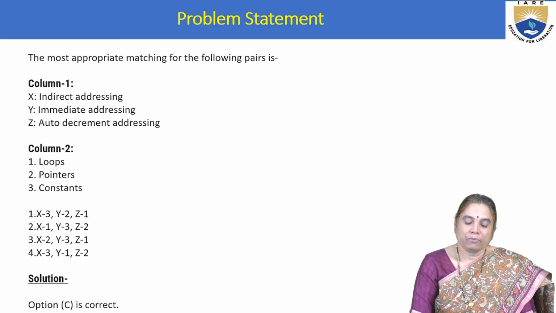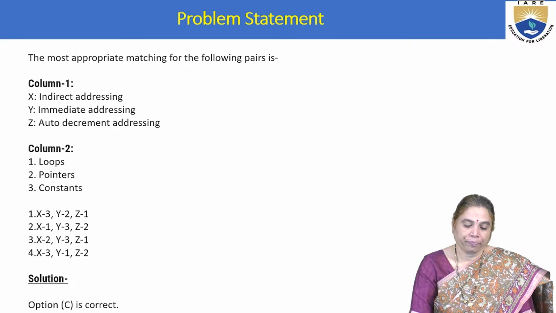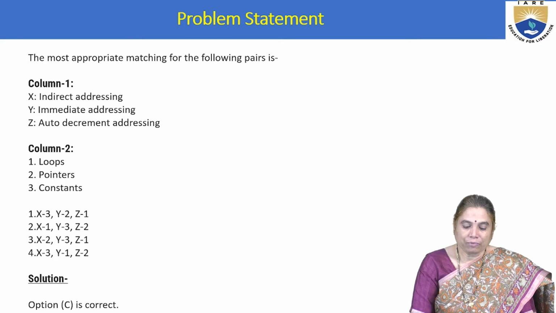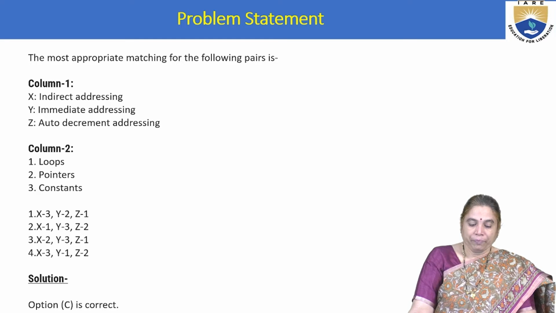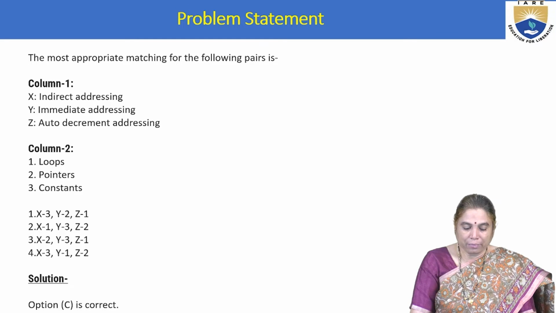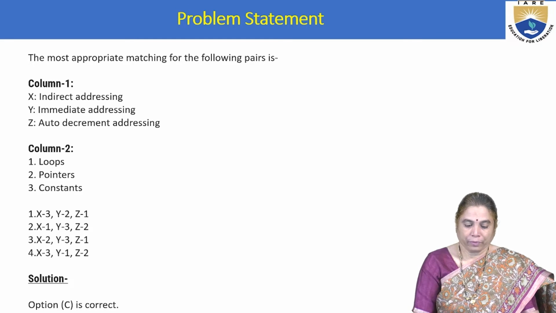Next, the most appropriate matching for the following pairs. Column 1 is indirect addressing, second one is immediate addressing, third one auto decrement addressing. In case of loops, generally the auto decrement can be used.